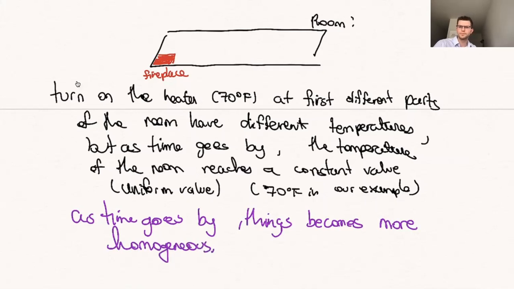Is that making sense? Because again, maybe you went from a state where only very close to the heater you had 70 degrees Fahrenheit, and other places of the room had a different distribution of temperature. And as you wait more and more, more places, the temperature of the room all starts behaving the same way. Is that okay?